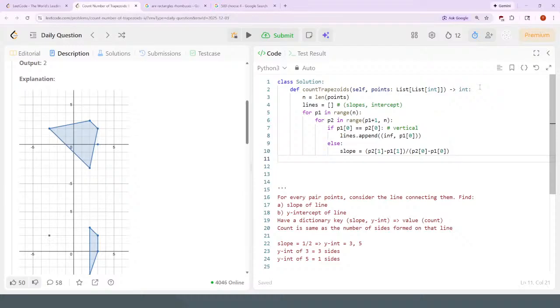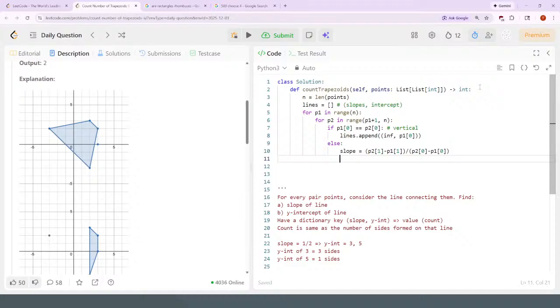It's just a little bit of math, right? Use the slope-intercept form: b is equal to y minus mx, where y and x are either p1's or p2's coordinates.